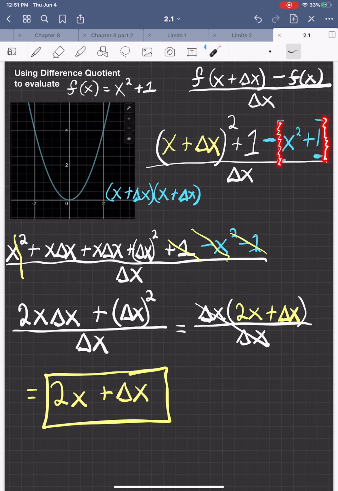Do you see how a student can make such a simple mistake and how that would alter their answer? Without the brackets, your negative symbol would have been applied to your x squared, which is perfect, but you would not have applied your negative symbol to your 1. So that's one quick thing I want to point out.